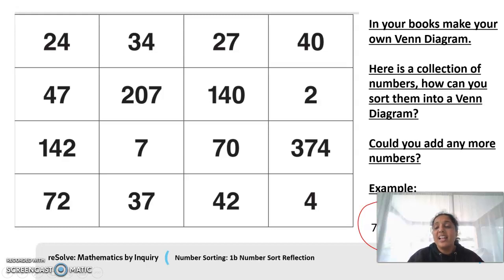Then I've looked at this last number here, and 4 represents the ones. So 4, 24, 34, all have 4 representing the ones. Have a look through these collections of numbers and see if you could add any more or make your own.